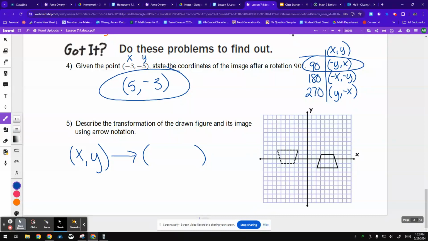How many degrees did it turn, Brady? 180. So you gotta go to your rule. I write this every time. 180 degree turn either way is -X, -Y. Now, be neat when you're writing this stuff because sometimes your X's, if you go like this, looks like a Y to me, and your Y's sometimes look like an X. So make it clear, okay?